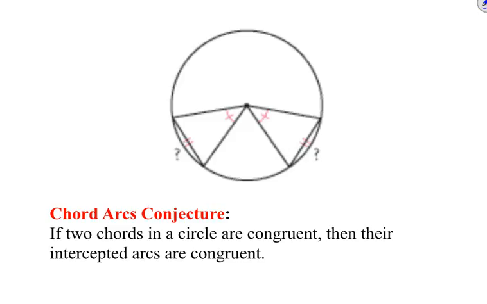And what this conjecture is saying is that since those two chords are congruent, we can conclude that their intercepted arcs are congruent. So if I name that point A, point B, point C, and point D, I now can conclude that arc AB is congruent to arc CD.